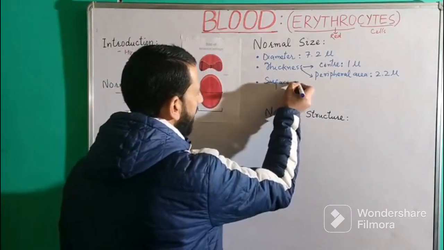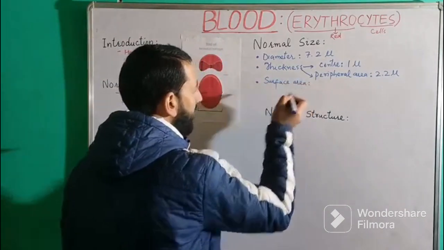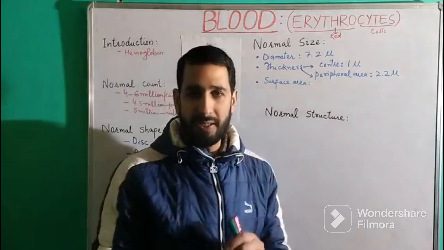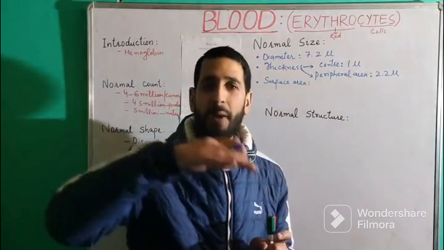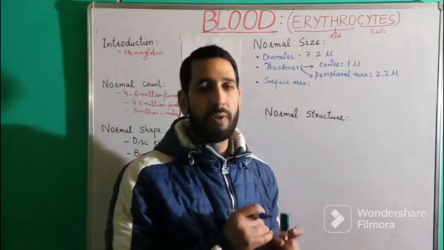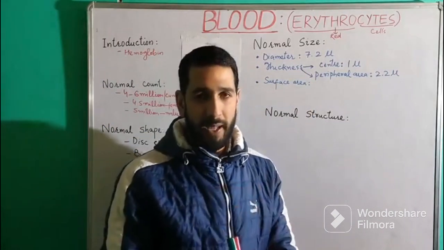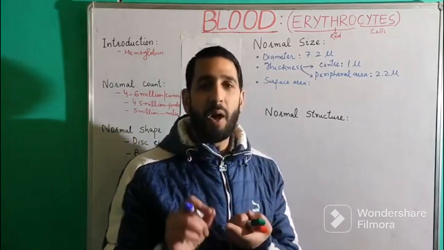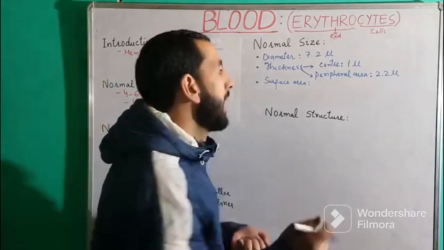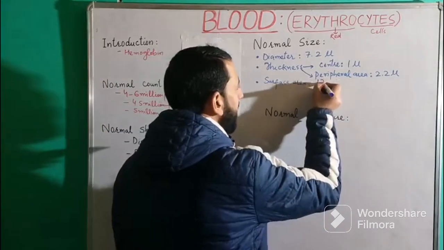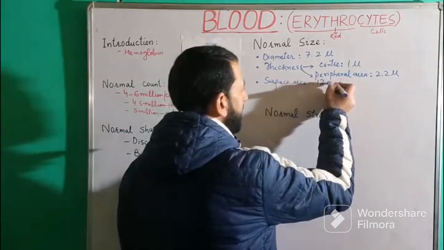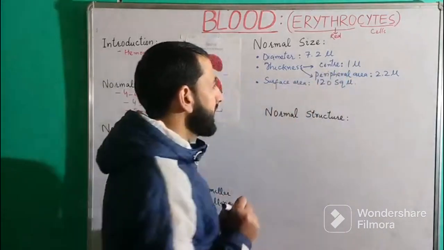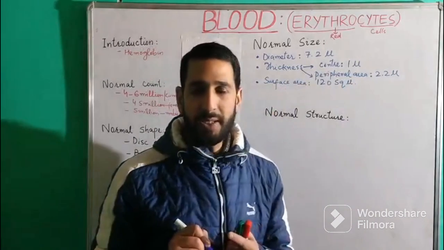I just told you that the biconcave shape helps the RBCs increase the surface area. There should be enough area for the diffusion of oxygen and carbon dioxide, and the normal surface area of the red blood cells is approximately 120 square microns.